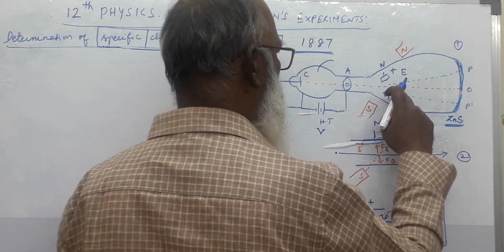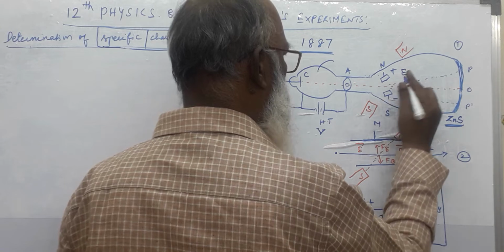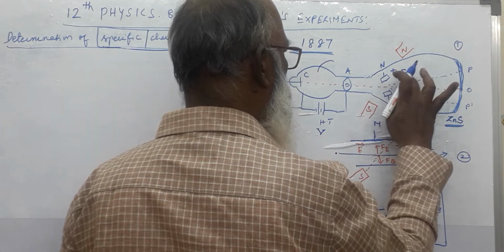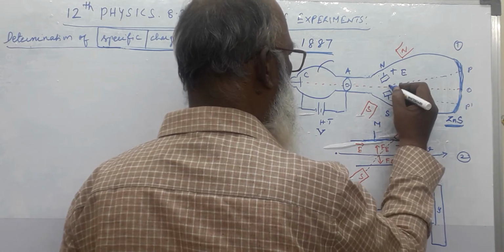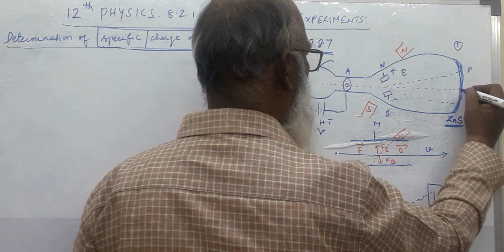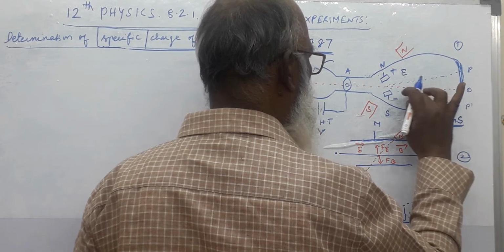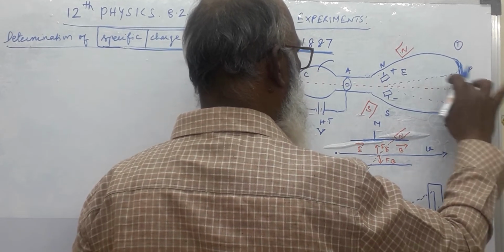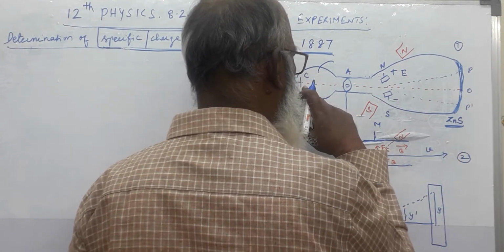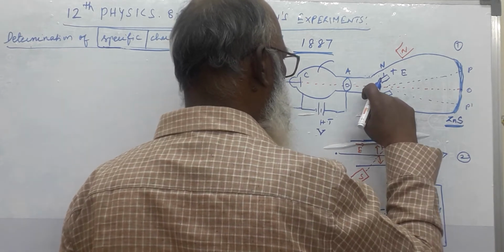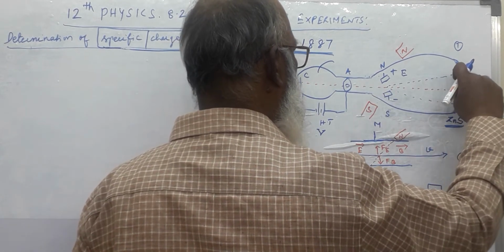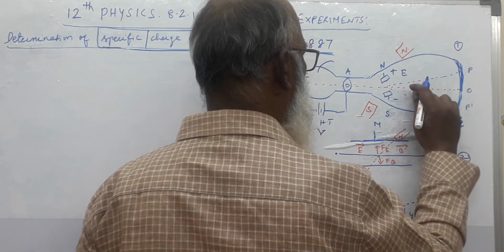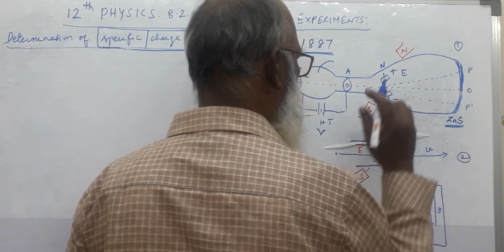Because of this electric field, if there is no magnetic field, only the electric field applied, then the particle moves upward, and there is no hitting on the surface at the point O. Instead of O, the ejected ray or cathode ray hits the point P, at a distance OP. The deflection was made by the electric field.